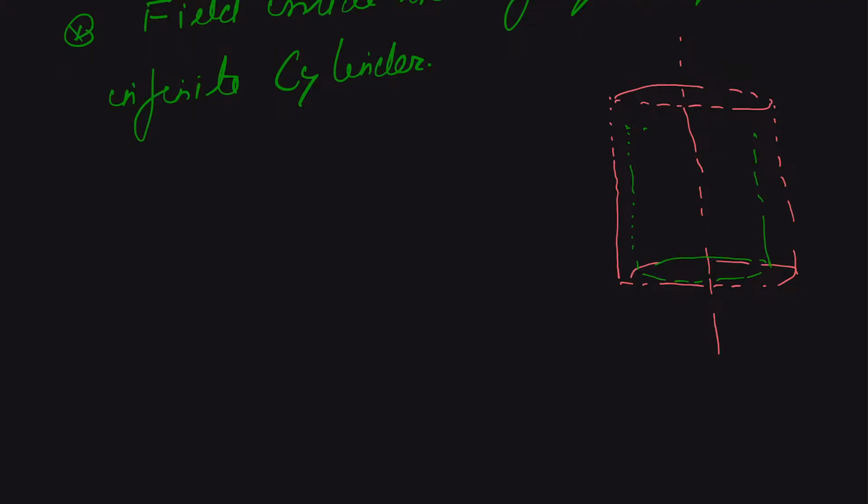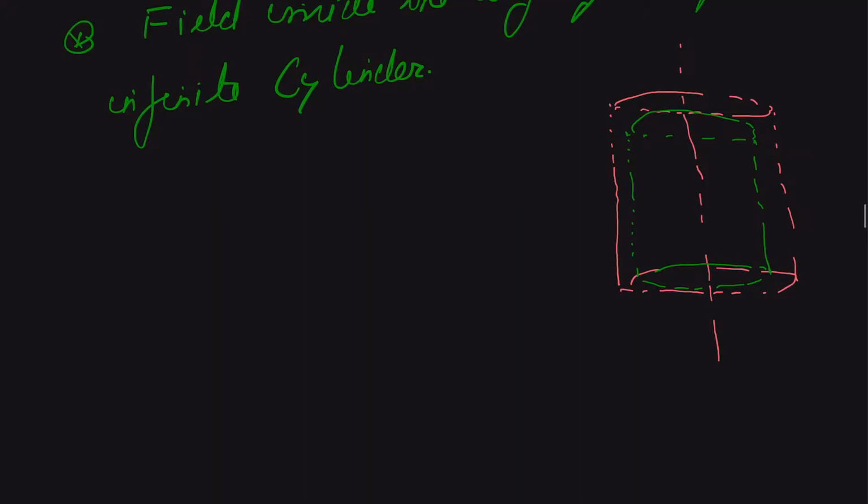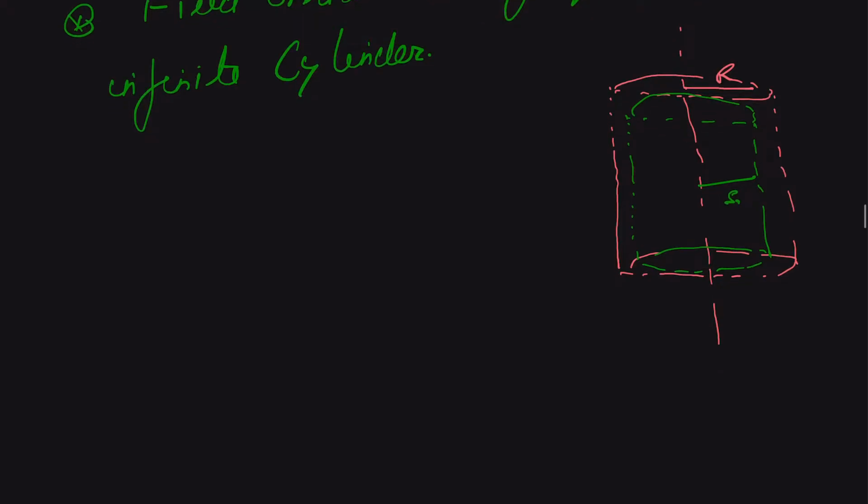So this is the Gaussian surface, and our cylinder has a radius of capital R, and we consider a Gaussian surface whose radius is small s. And it is along our z-axis.